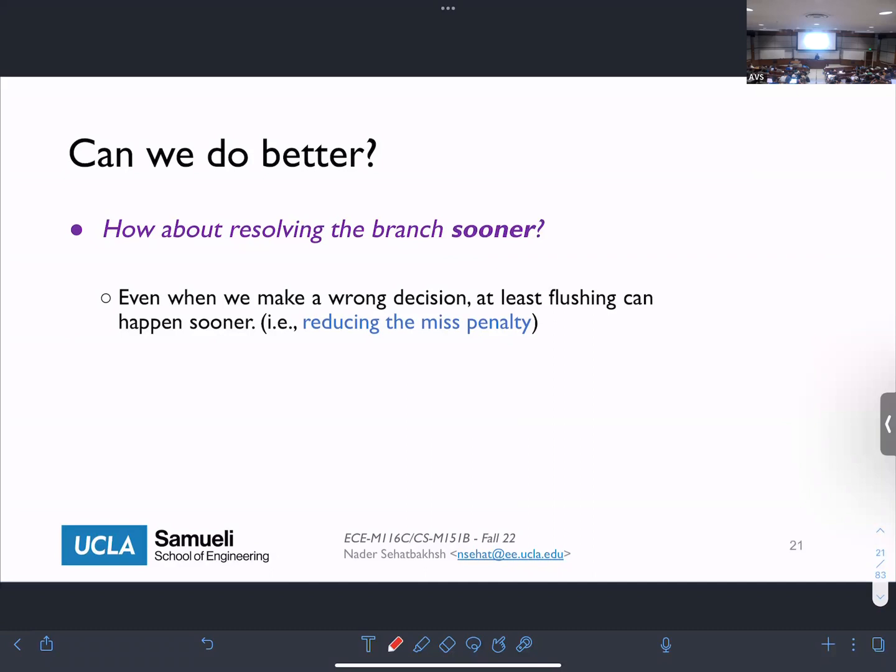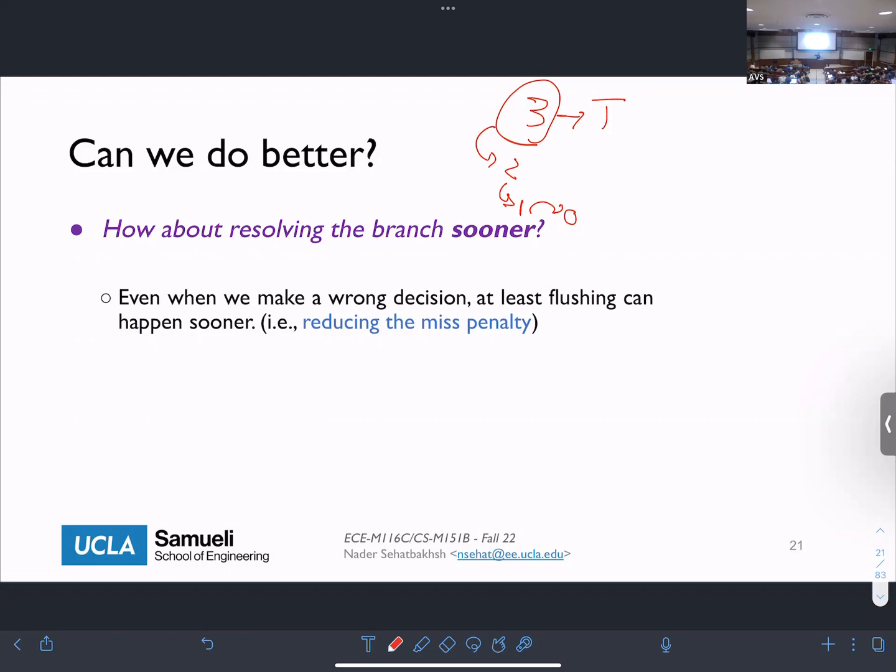So there are multiple things that we can do. The first thing we can do is say, okay, let's stick with the not taken. But one thing that we can do is reduce our miss penalty. Remember, it takes 3 cycles for us to know that this indeed was taken. But if we change this 3 to 2, or maybe 1, or even better 0, at that moment we will know that we made a mistake, and we at least pay a little bit less penalty in terms of flushing instructions.